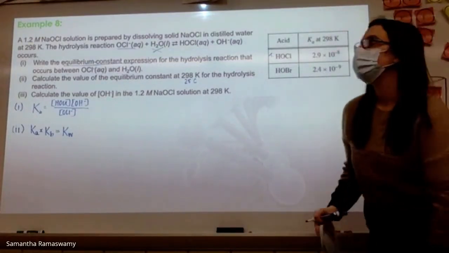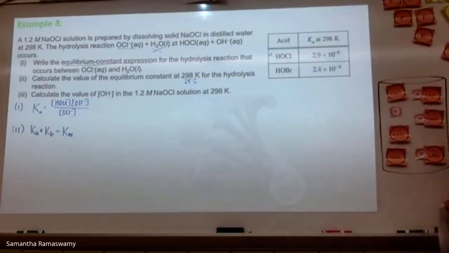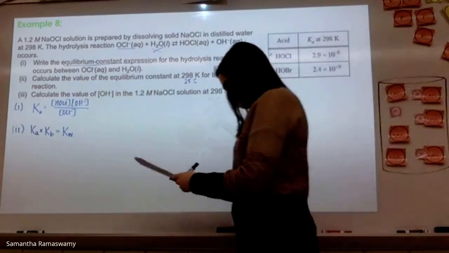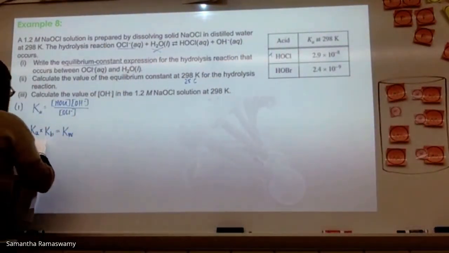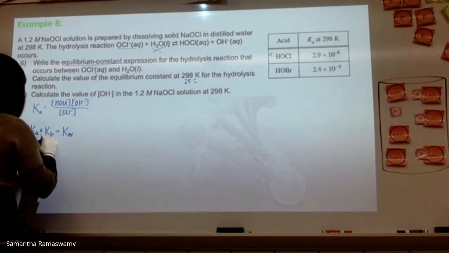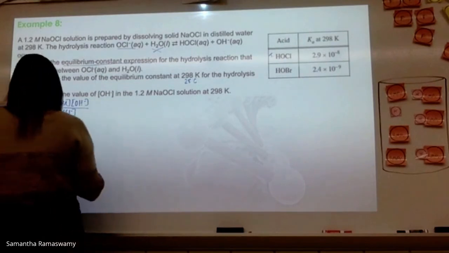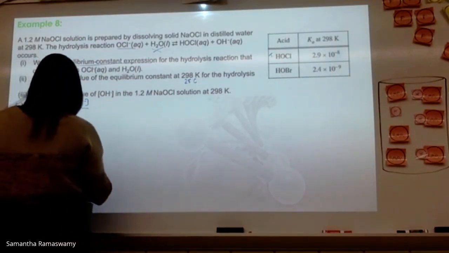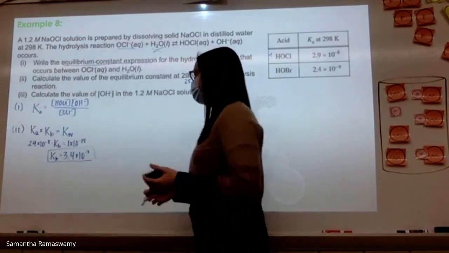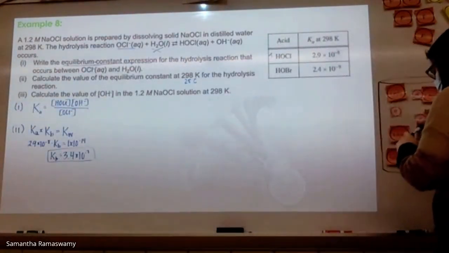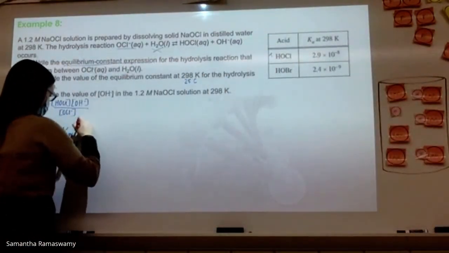So they gave us Ka in the table, 2.9 times 10 to the negative 8, times Kb, that's what I'm solving for, equals Kw, 1 times 10 to the negative 14. I'm going to use my marker over here just to remind us, for any conjugate acid-base pair, Ka times Kb equals Kw.